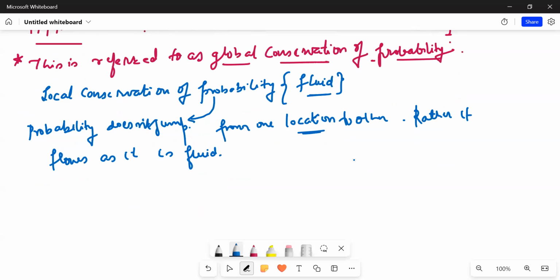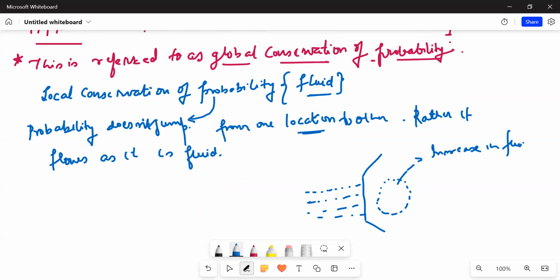If there is a cross section and the fluid is coming inside, then there is some increase in this area, an increase in fluid content, which corresponds to a decrease somewhere else. If the total probability remains conserved, so total probability is constant, then an increase in some region should correspond to a decrease in some region.